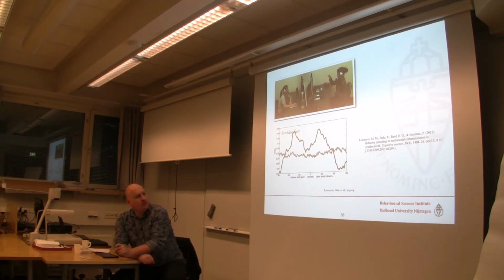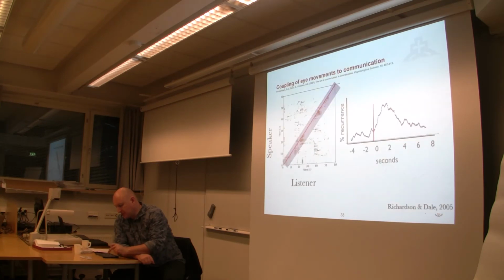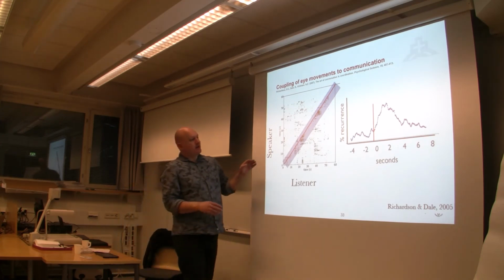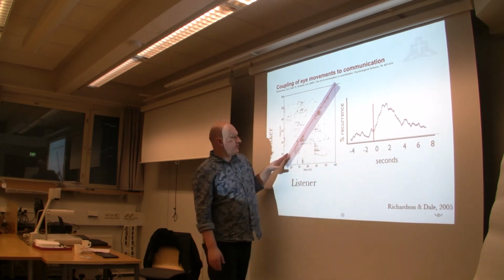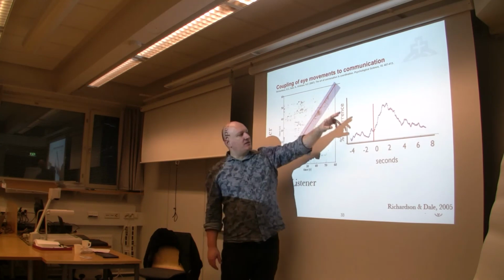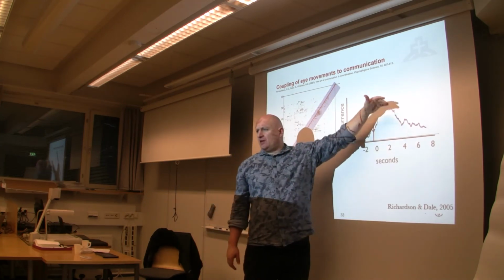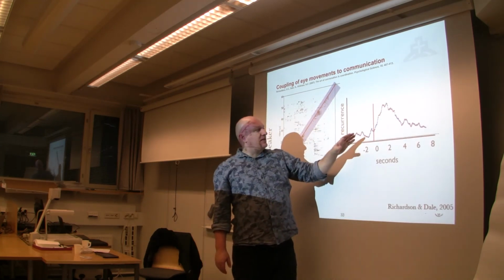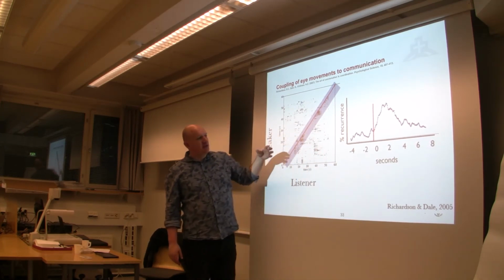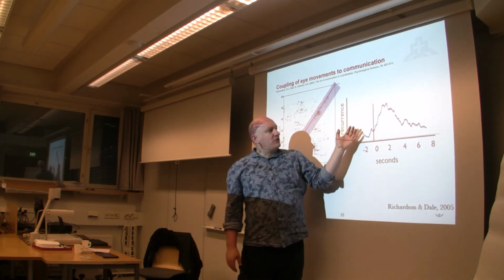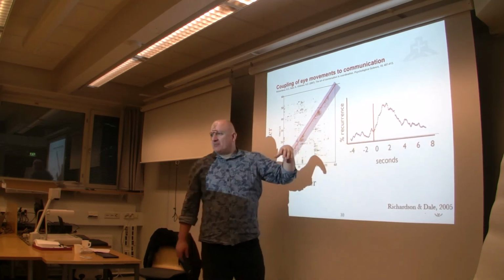So if we go back to this: in this case you have a very low distribution of recurrent points here, and there's really a peak here. So it's kind of obvious that all the recurrences are basically due to one person repeating this at a later point in time, right?